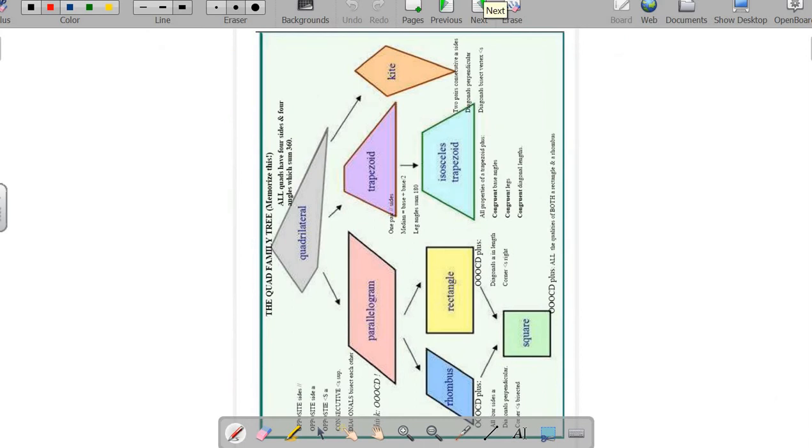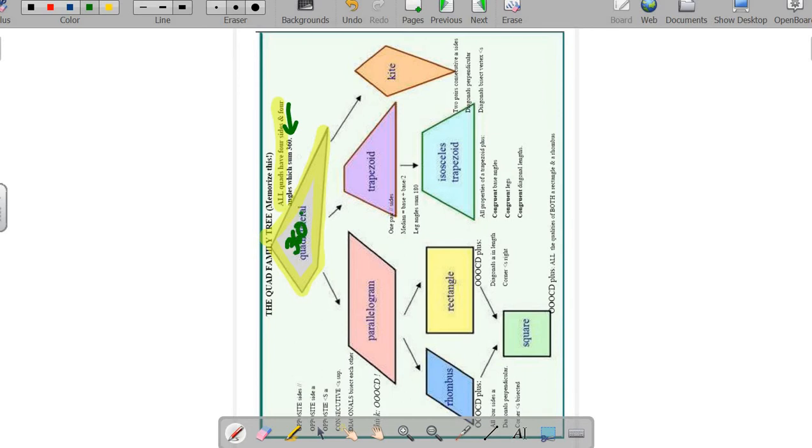This is called the quad family tree with all the corresponding characteristics. What makes a quad a quad? Take a close look because you're going to have this pretty close to memorized. A quad is a quad when it has 4 sides. And a quad is a quad because all the angles sum to 360.